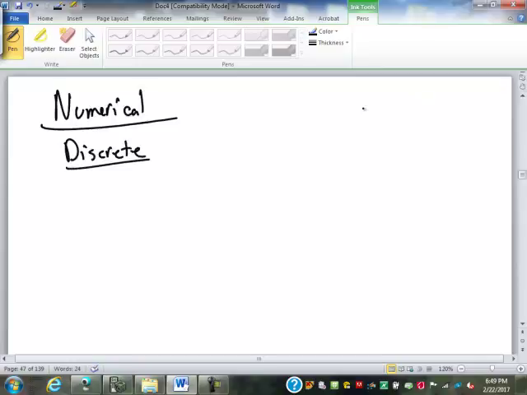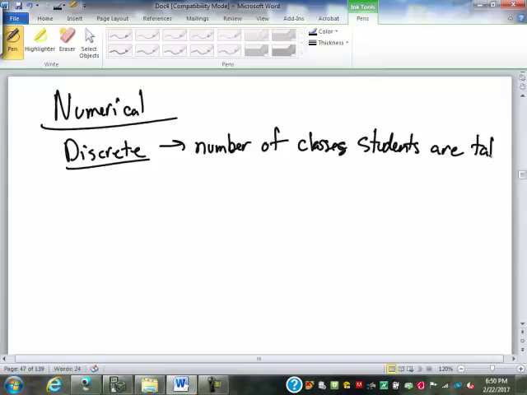The first variable we're going to look at is the number of classes you're taking right now. So this is discrete, and it's a limited value discrete. I mean, very few students are taking more than like 6 or 7 classes.